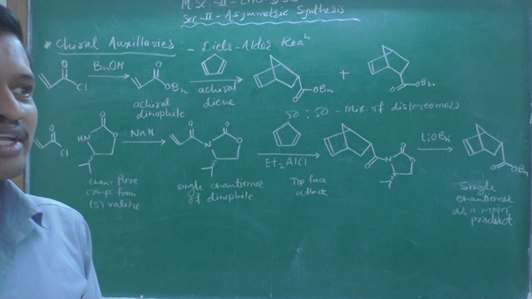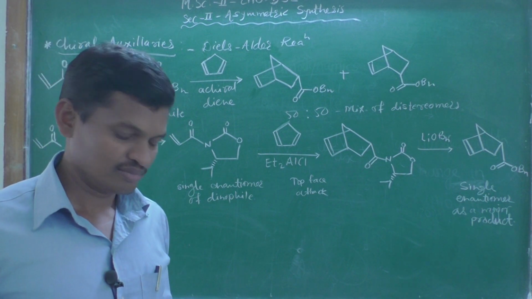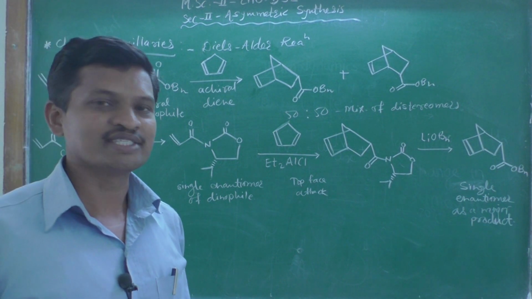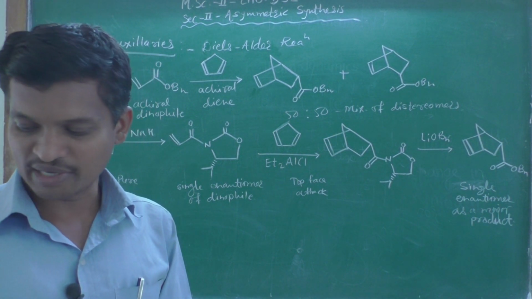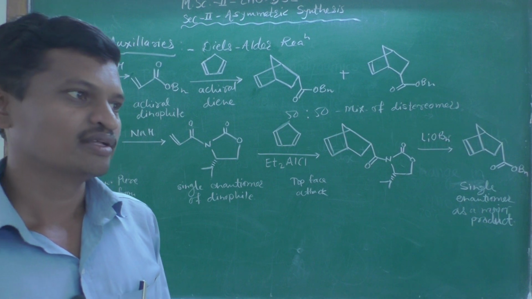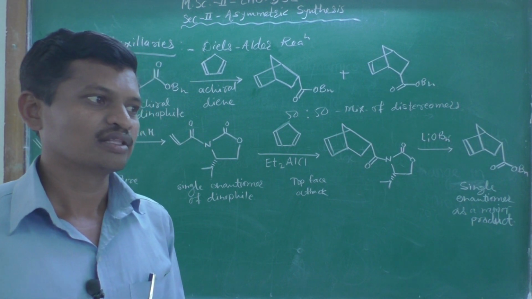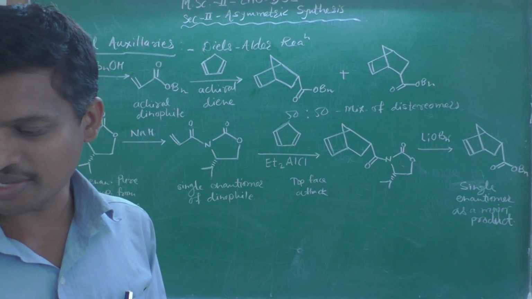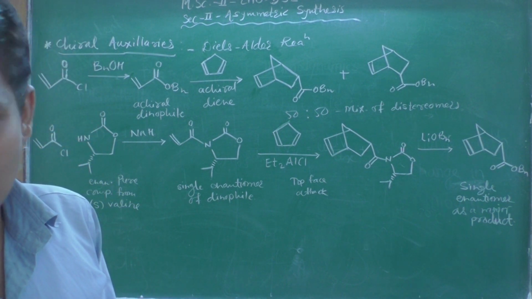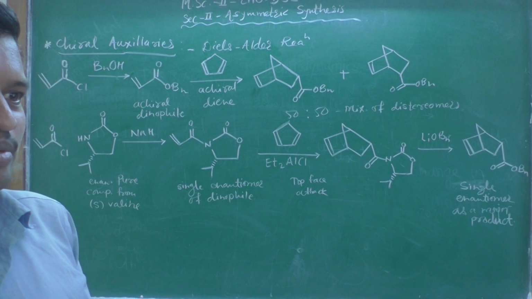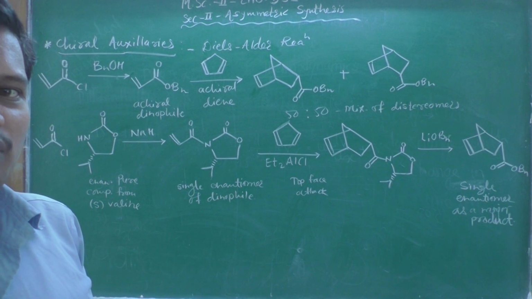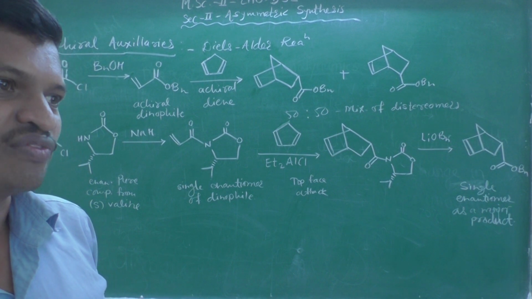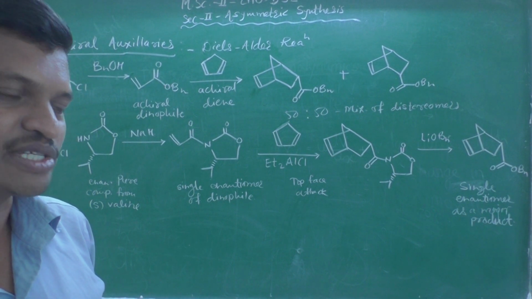So we have already started the introductory part of the concept of asymmetric synthesis, and the next one is the chiral pool that we discussed yesterday. This is a new concept which is widely used worldwide in the field of synthetic organic chemistry.